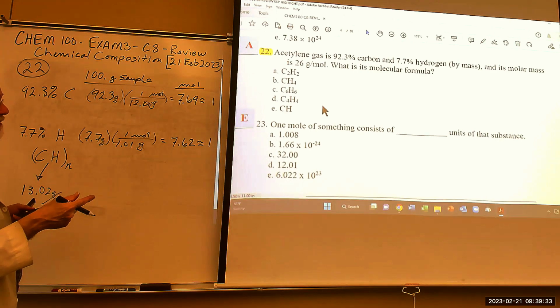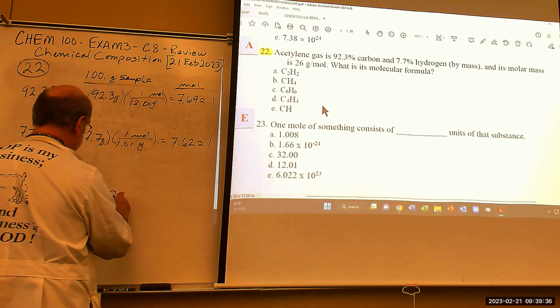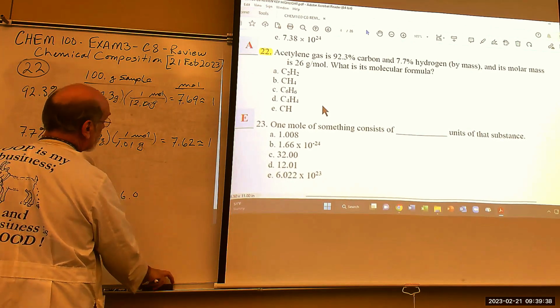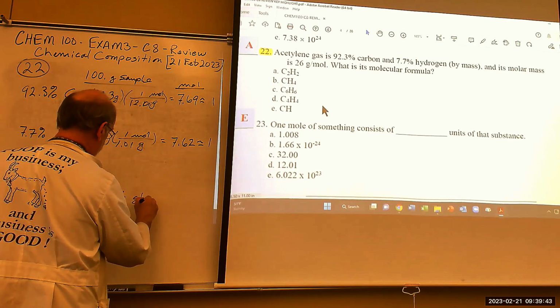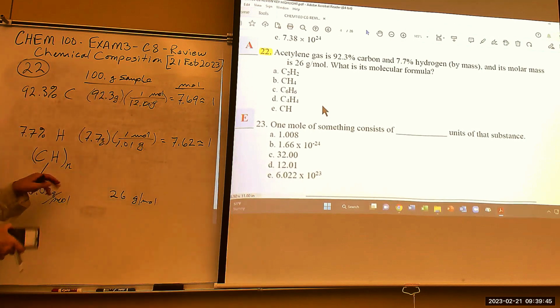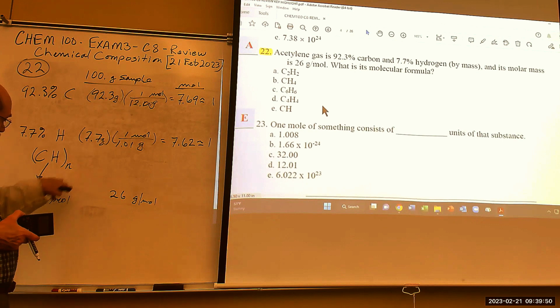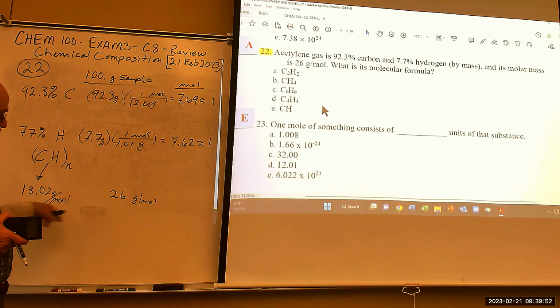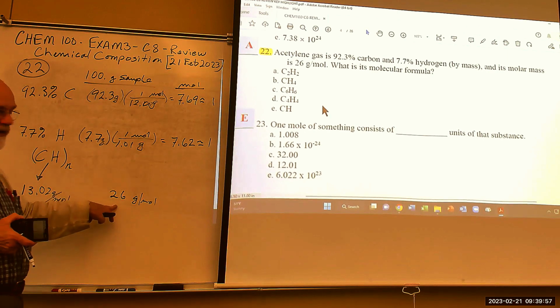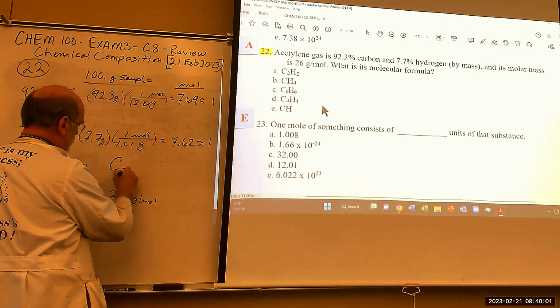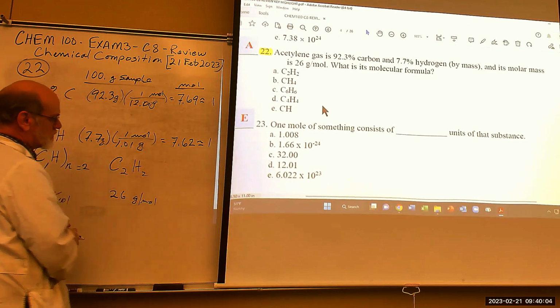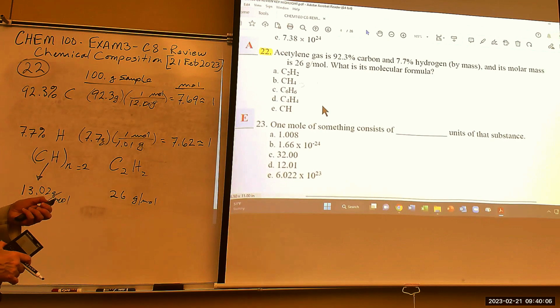But the molecular formula is 26 grams per mole. So if N equals 1, the molar mass of the compound would have to be 13.02, but it's not. If N is 2, then the molar mass is very close to 26. That means N equals 2, and the molecular formula is C2H2. Right there.